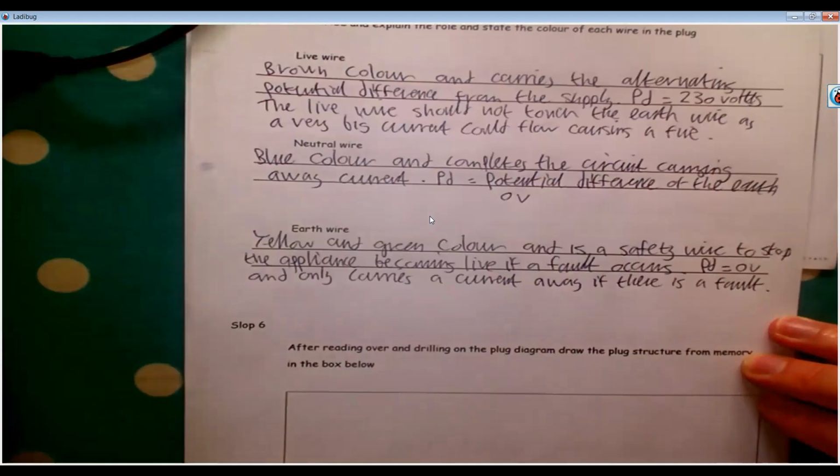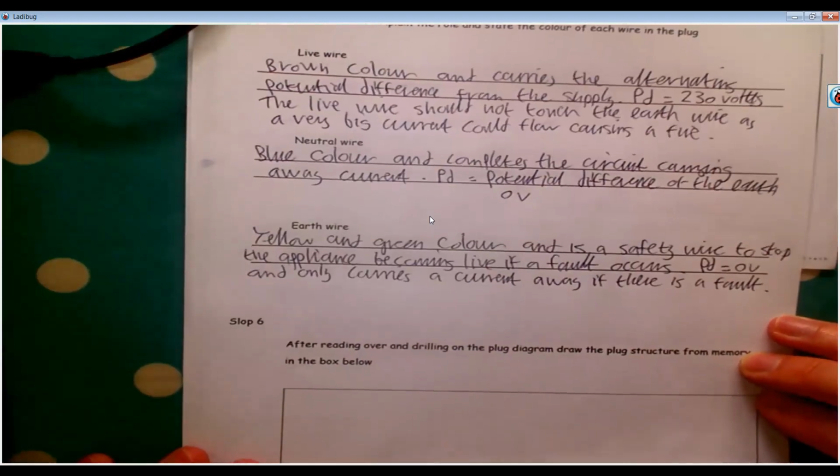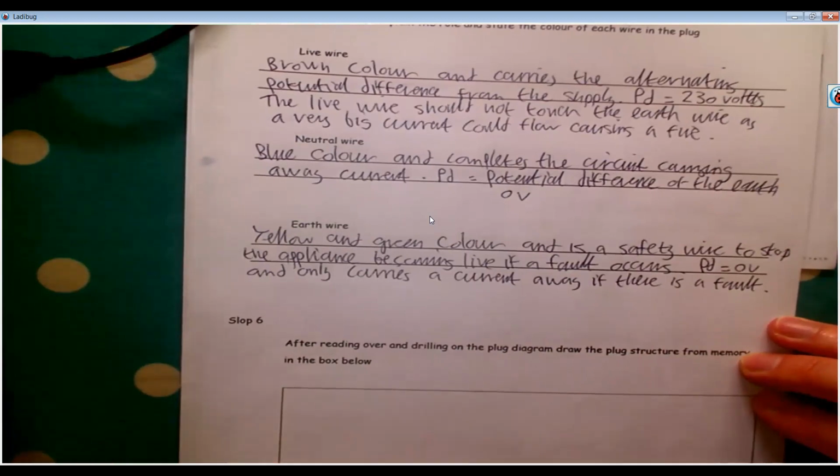So normally the earth wire doesn't actually do anything. It's just there as a precaution in case the live wire isn't going where it should. And it has got a low resistance and it can carry current away to the earth if there is a fault. Normally the neutral wire takes the current away.